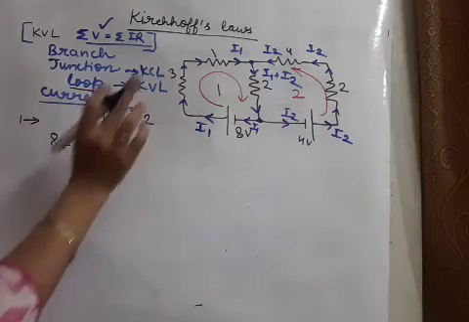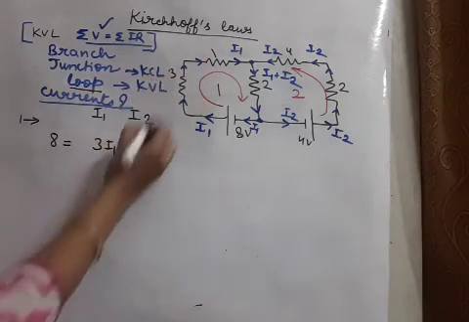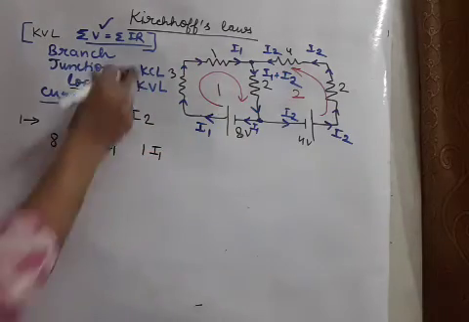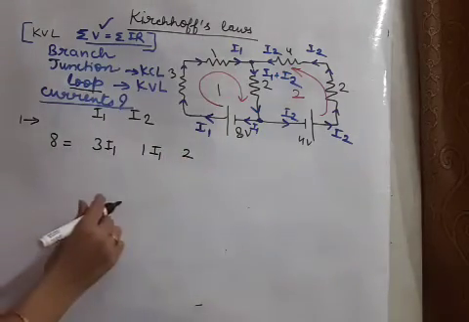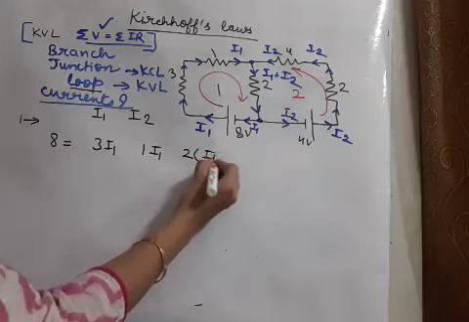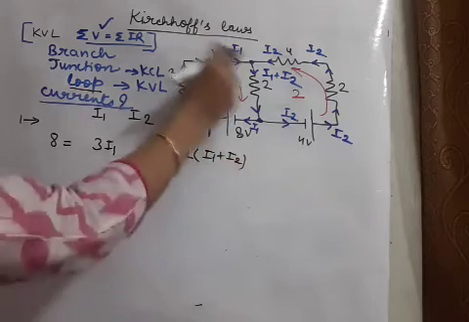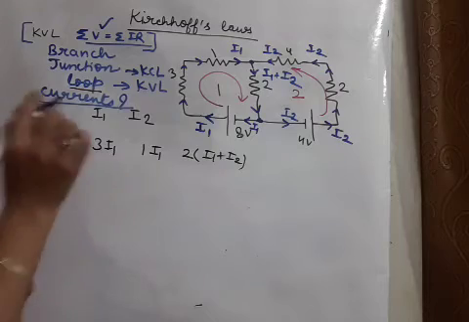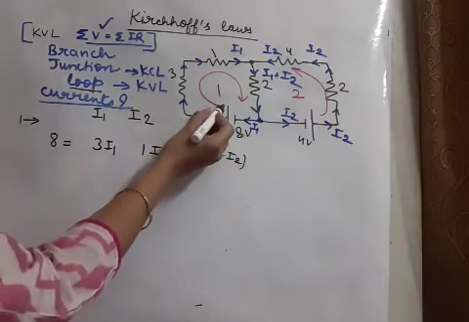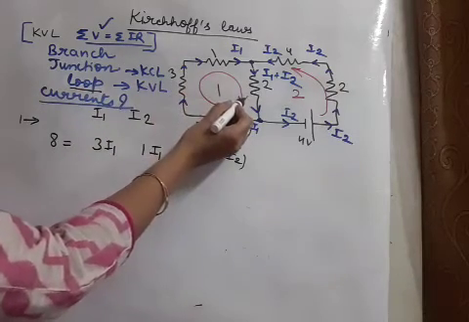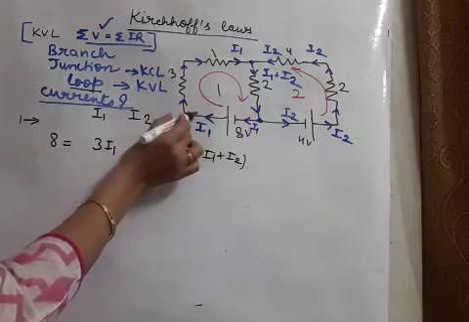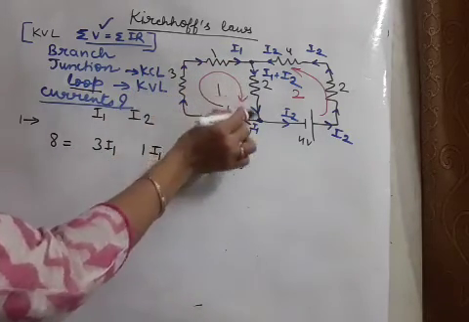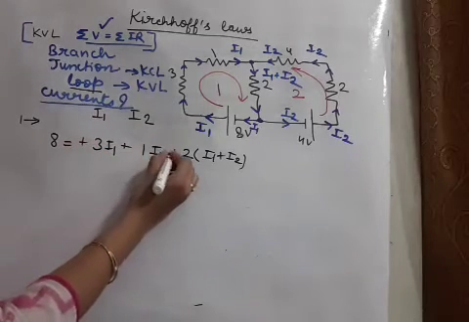The second resistance is 1 ohm, its current is I1. The third resistance is 2 ohm, its current is I1 plus I2. You have to use the current which is flowing in that particular resistance. Then check the direction: our red direction is the positive direction, and the individual blue directions are in the same direction, so all are positive.